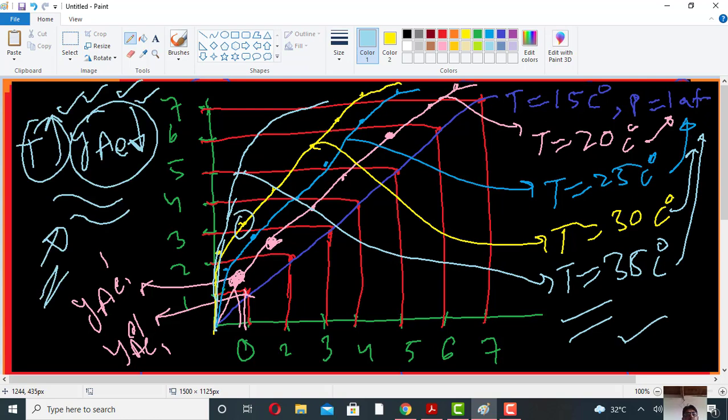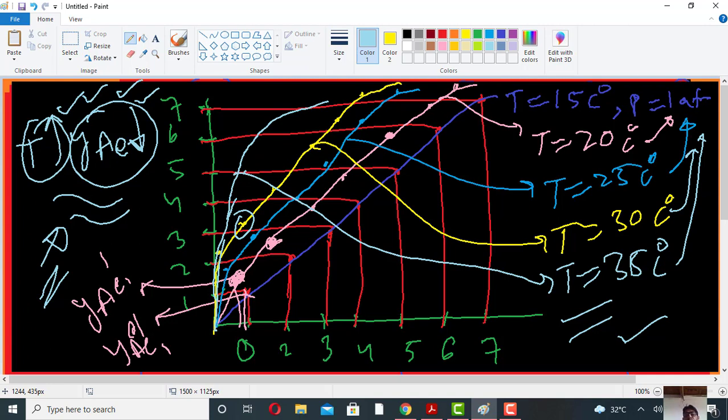So the summary of the lecture is that if we increase the temperature of the system, then the concentration of gas in the gas phase will increase, and the concentration of gas in the liquid phase will decrease at higher temperature.